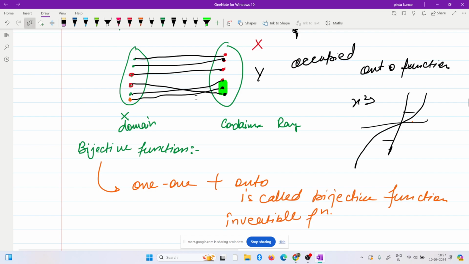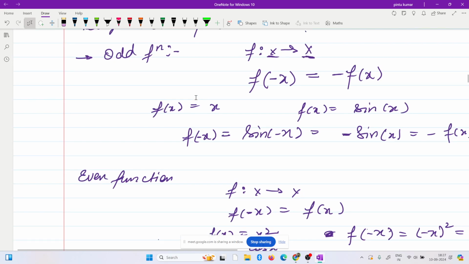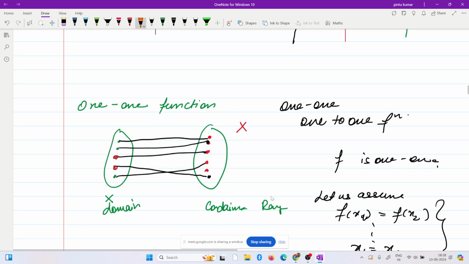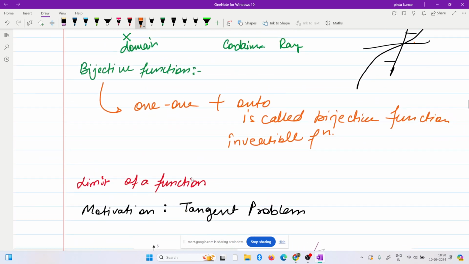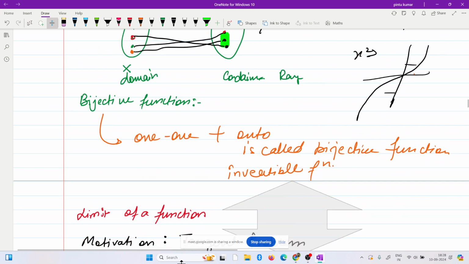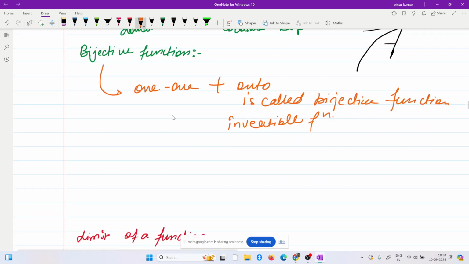A few moments ago we talked about the inverse of a function. You can find the inverse of a function only for bijective functions. So inverse exists only for bijective functions.